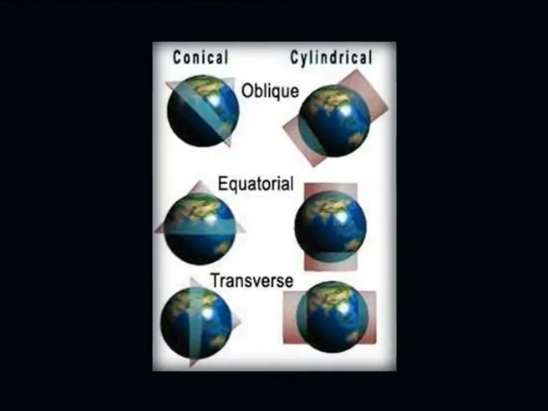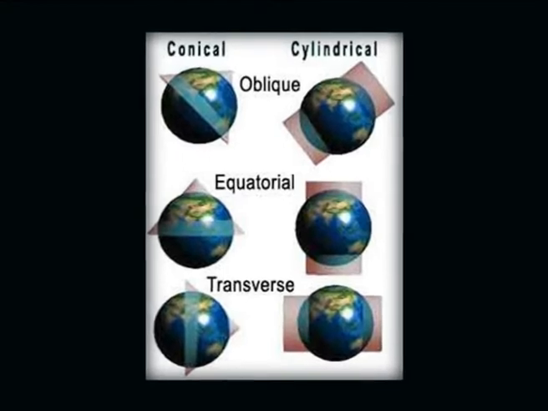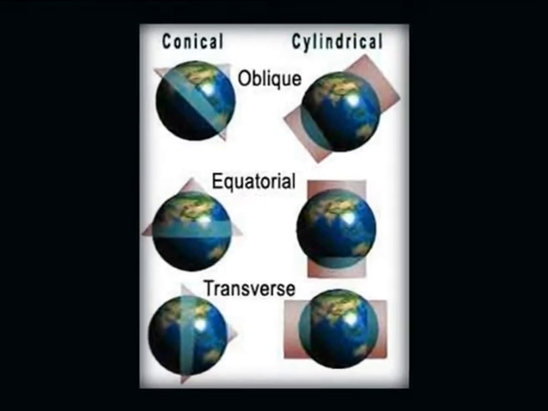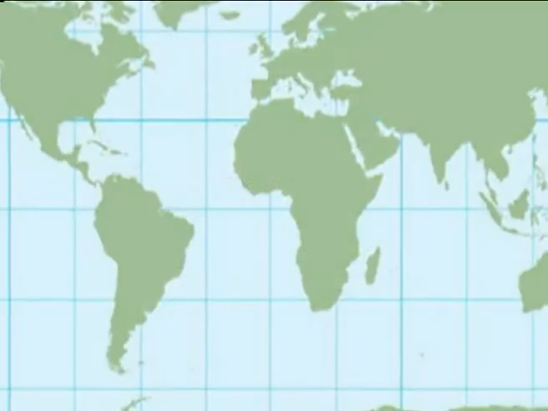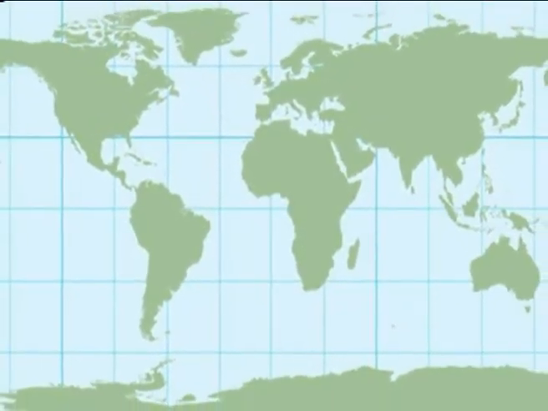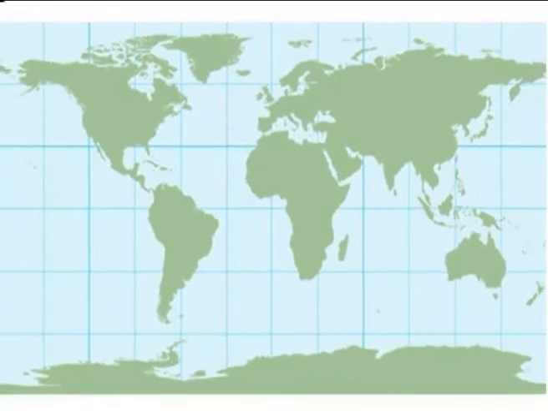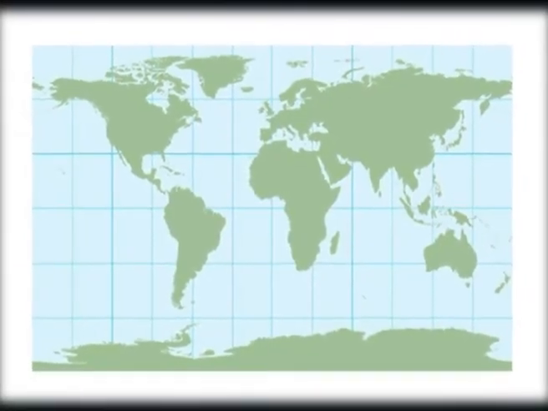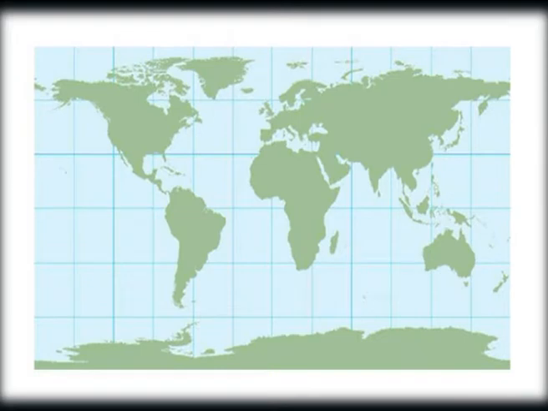For example, the equidistant cylindrical projection in the following figure. If a map is true to scale along all parallels, we say the map is equidistant along the parallels, that is, no distortion in east-west direction.